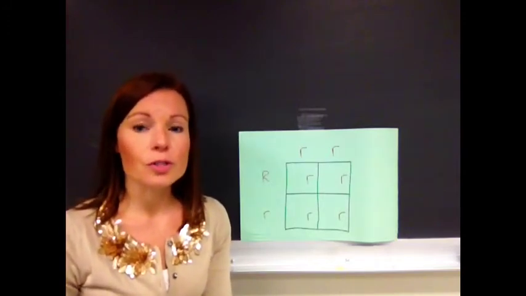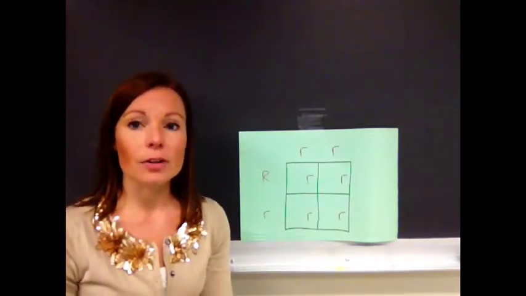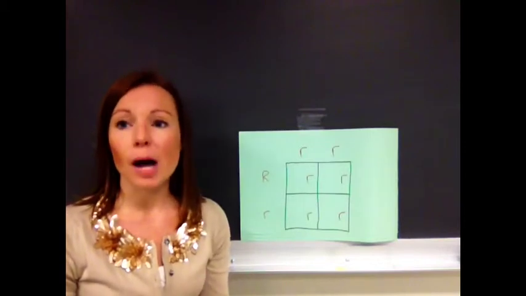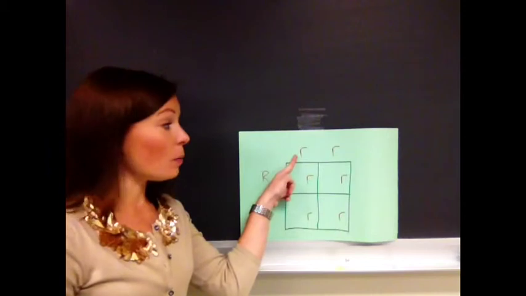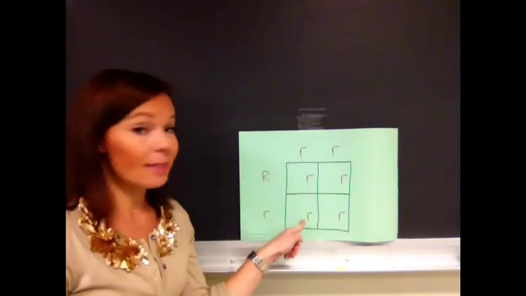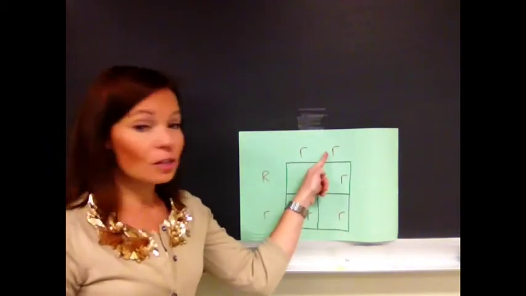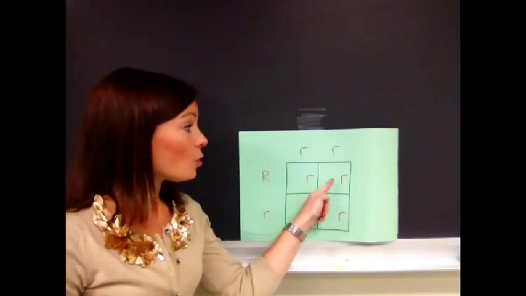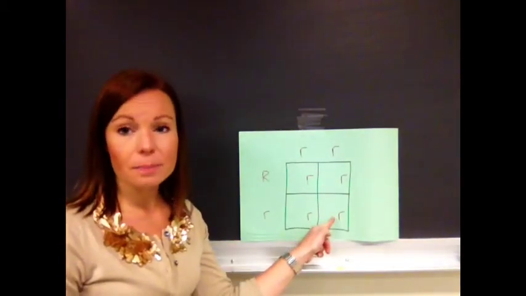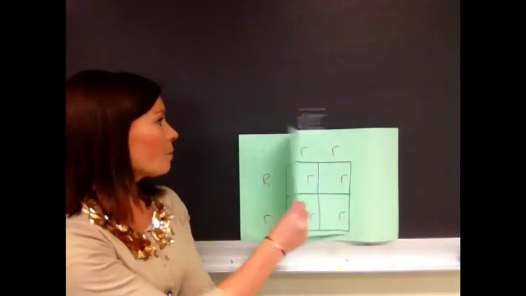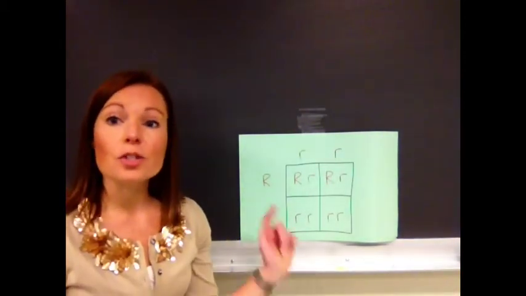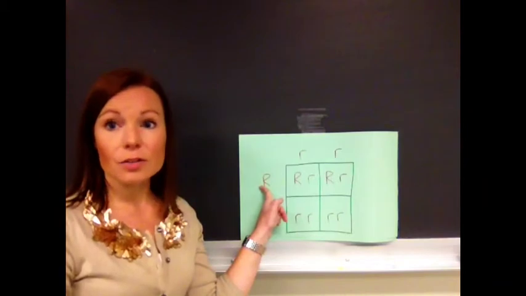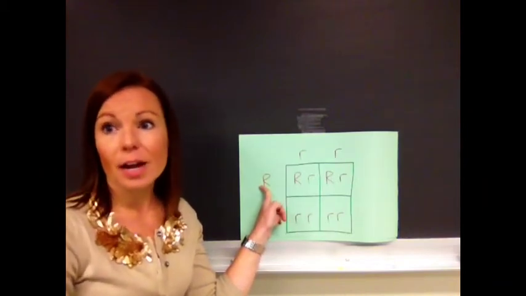you will first bring down the letters into the boxes that are below them. So this lowercase r has been brought down into this box and this box, and this lowercase r has been moved down into this and this box. The second and final step is just to move these alleles over into the boxes that they are next to.